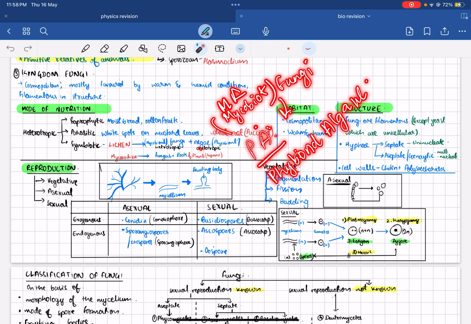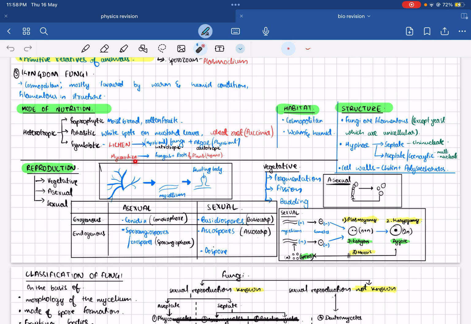We know the last is A, so it is autotroph, and the other one will be heterotroph. And mycorrhiza is fungus plus roots of Pinus. The habitat of fungi needs very warm and humid conditions, and it's cosmopolitan, it can grow everywhere.